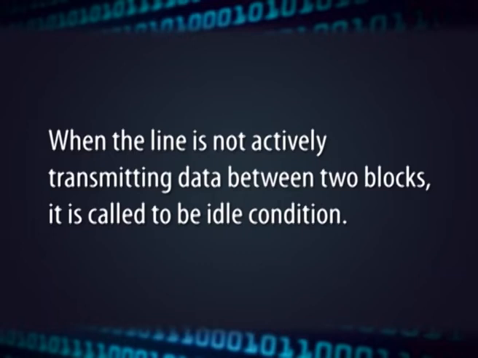Assume that the sender node sends a long block of data. After that there is a pause and then the next block will be sent. When the line is not actively transmitting data between two blocks, it is said to be in idle condition. This idle period is used to synchronize the receiver clock to the transmitter clock by transmitting a sequence of synchronous idle characters. A certain number of idles are always sent prior to each burst of transmission.